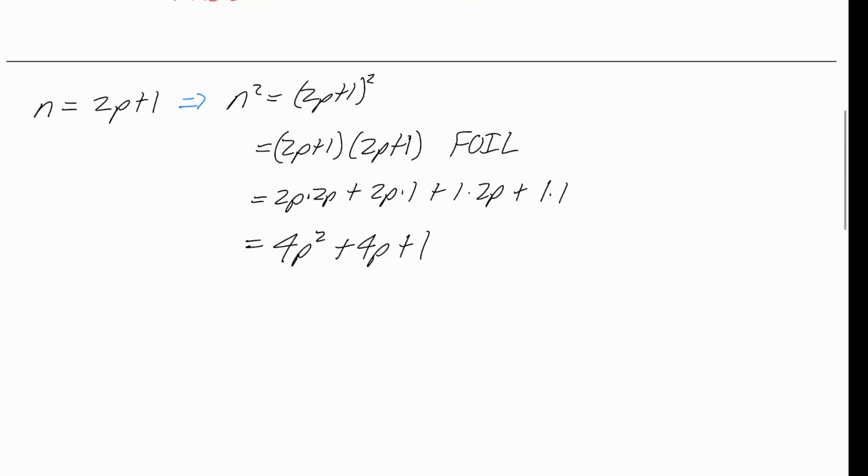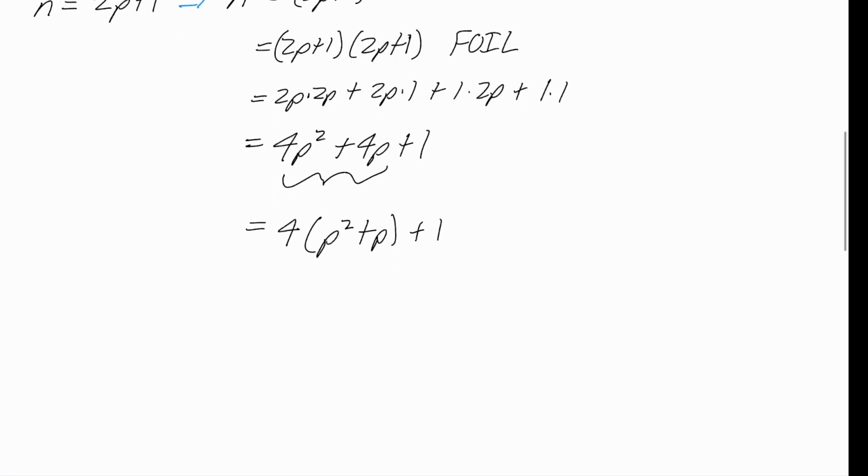Now we can rewrite this a little bit. We can pull out the 4 here and say that it equals 4 times (p squared plus p) plus 1, and write that just a little more suggestively. This equals 2 times 2 times (p squared plus p) plus 1.